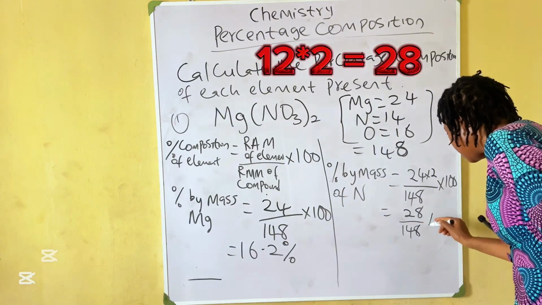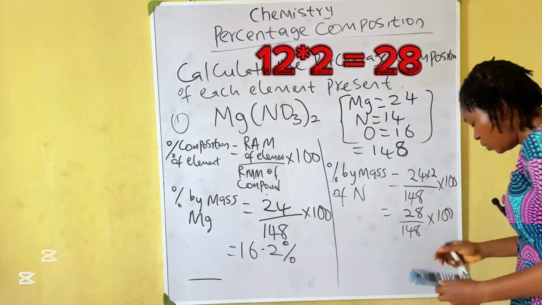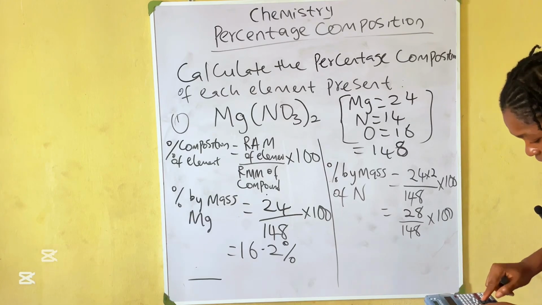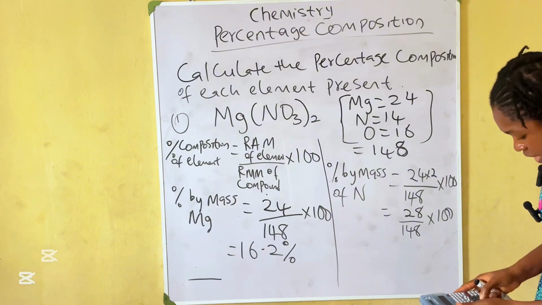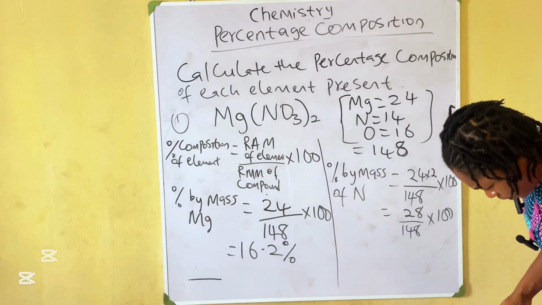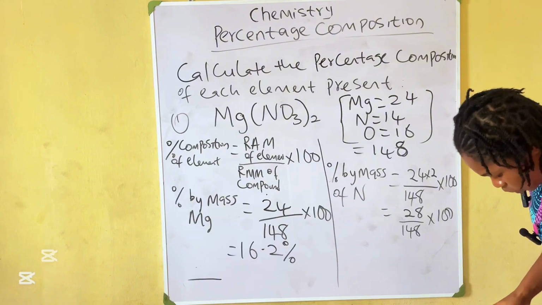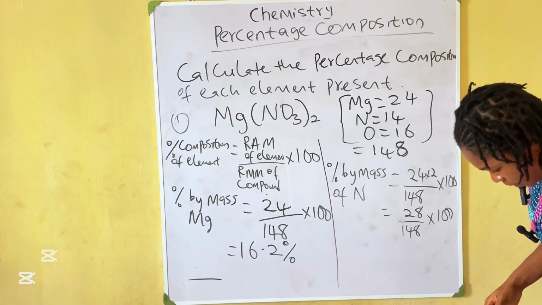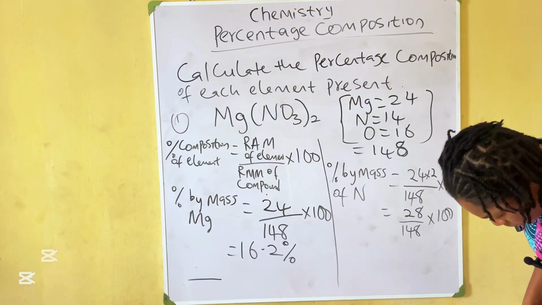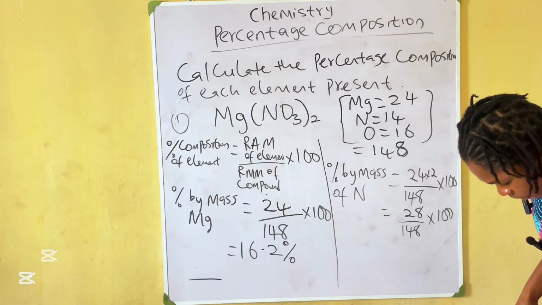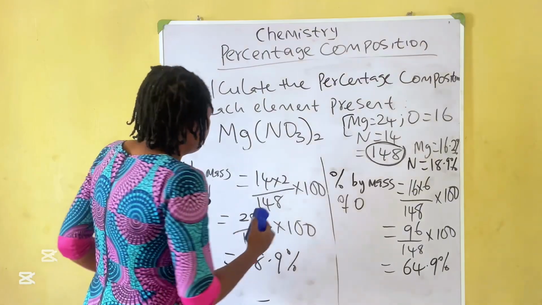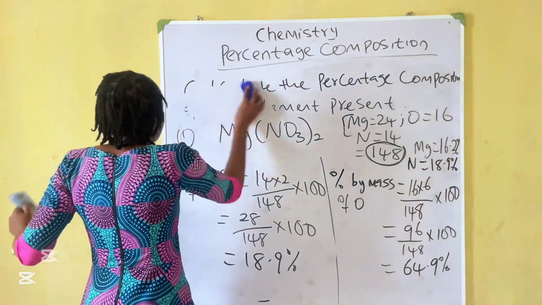So 28 over 148 times 100, I'll be having what? 18.9.